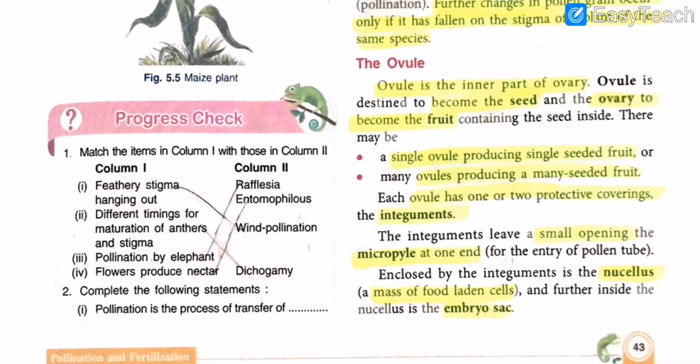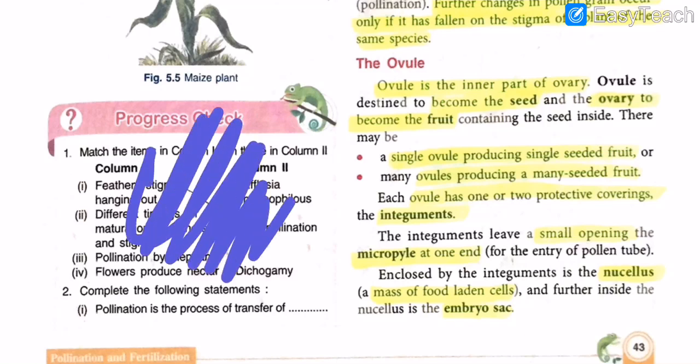So let's just solve the complete the following statements, and I dare you to not look at the answers and write the answers on your own for the match the following in your textbook, all right? And post the answers in the comment section below. Don't look at the screen. I'll just rub this off simply. Yeah, done. Now complete the following statements.